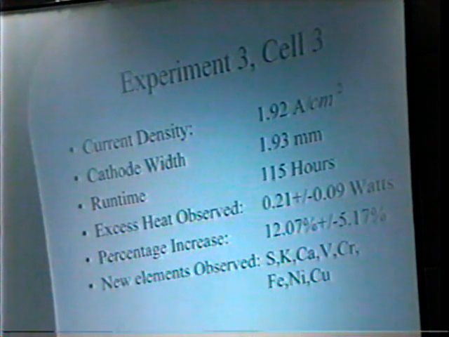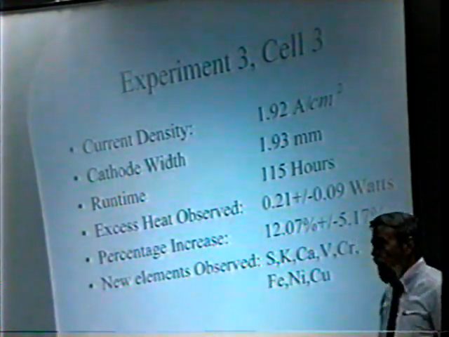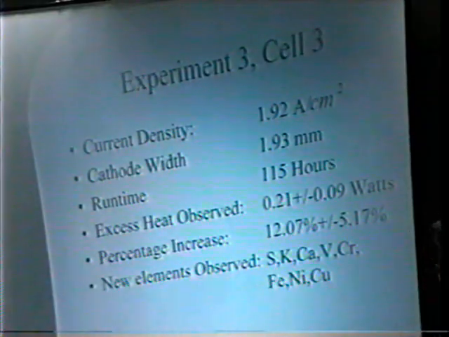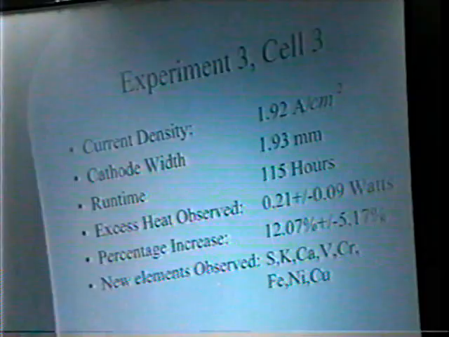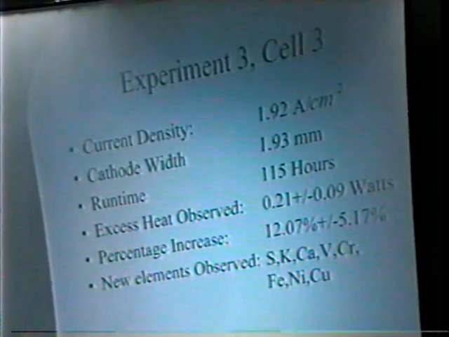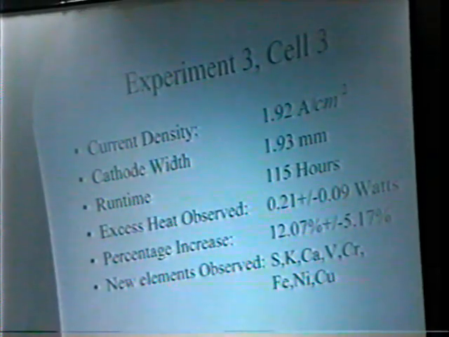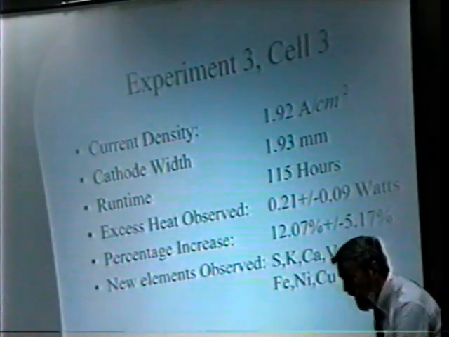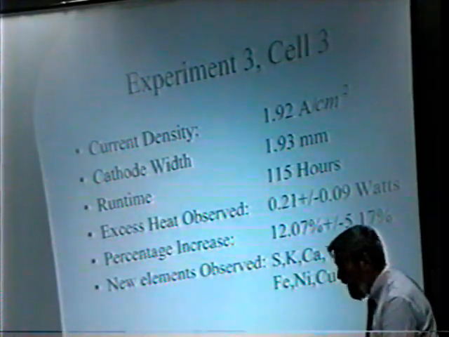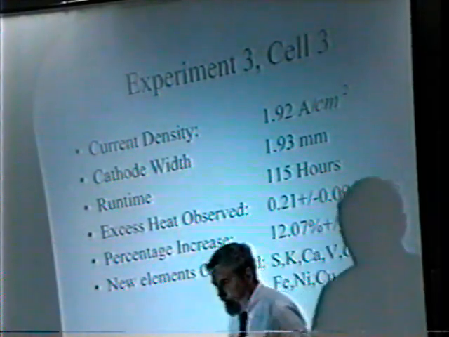Then we characterize the cathodes before and after the experiment. In this characterization, we found sulfur, potassium, calcium, vanadium, chromium, iron, nickel, and copper that were not there. We didn't find those before the experiment.